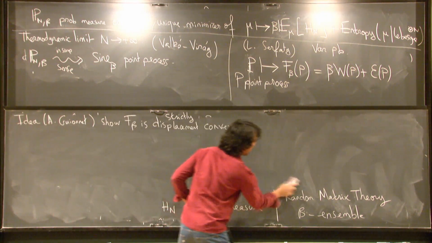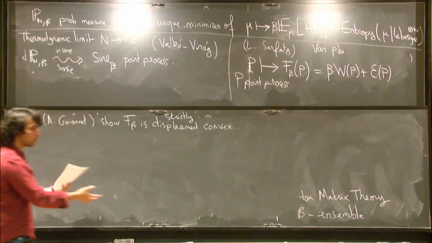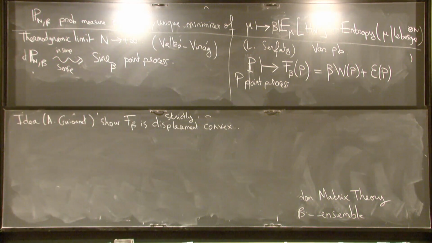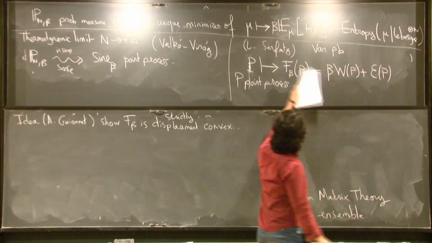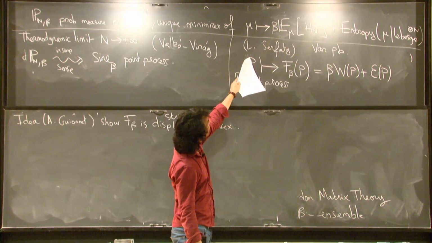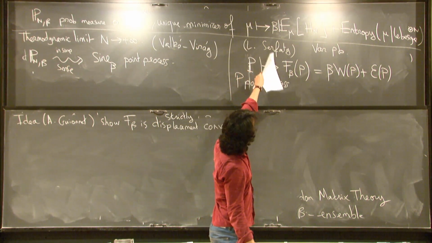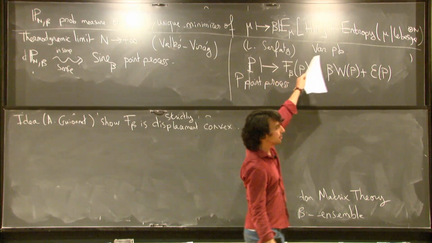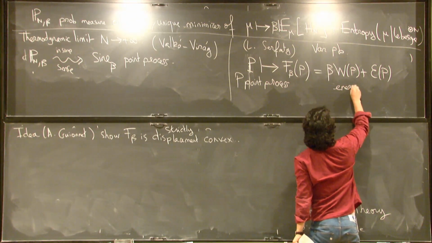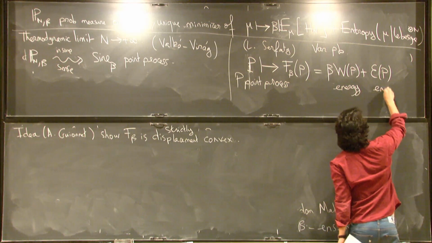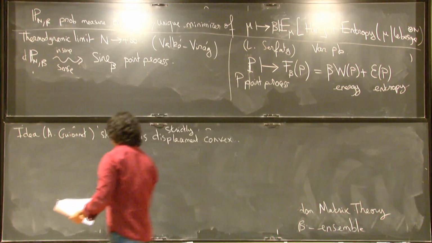Why is there a hope that such a thing would be true with the correct definition? Well, maybe I should say a word about W and E. So you see the finite n variational problem. You have beta times the expectation of the energy plus the entropy. And so W is also some kind of energy term, and E is also some kind of entropy term.